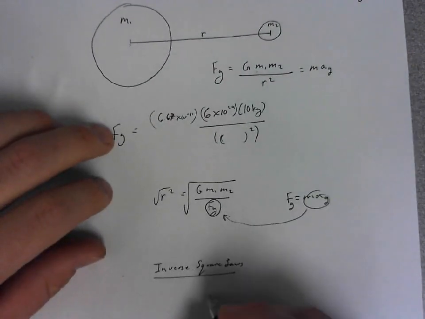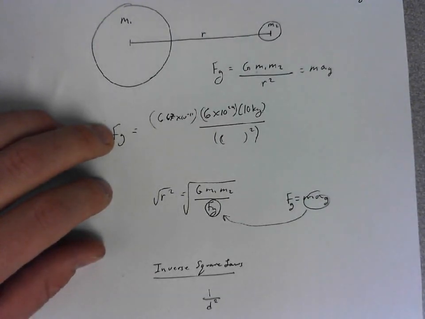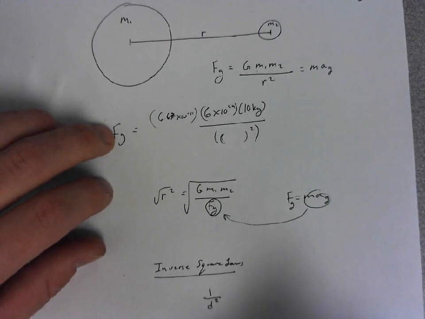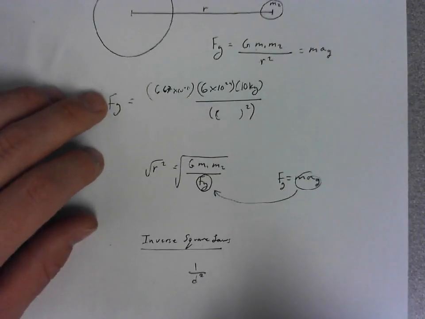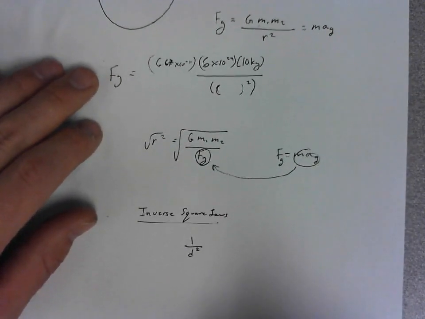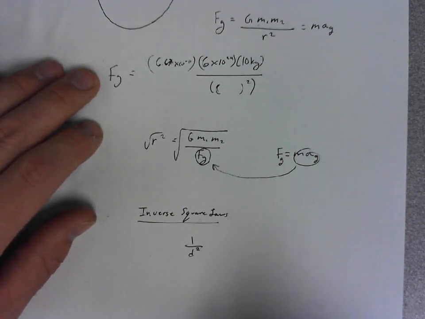Usually in an inverse square law they'll say 1 divided by d squared. In this case d would be r, but we'll use this many times when we talk about electricity as well, because the relationship is an inverse square law for the force between two electrically or magnetically charged objects.